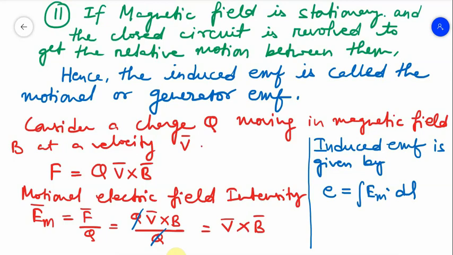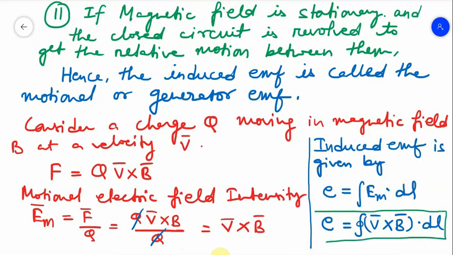And what is this Em? Em is v cross B, so we can substitute E equals to ∮(v cross B)·dl. Okay, so here this is the expression for this generator EMF.